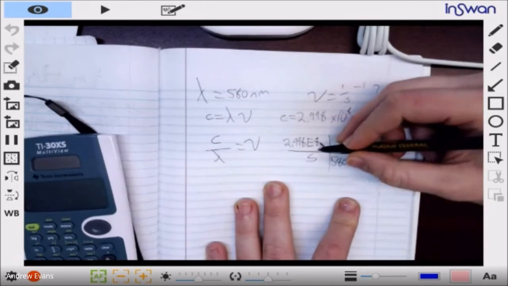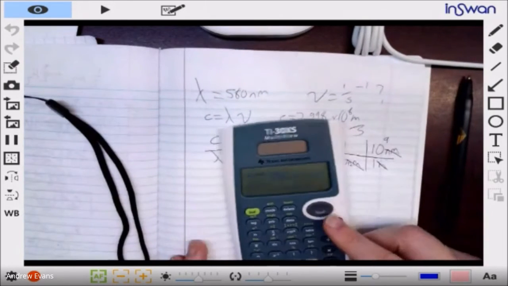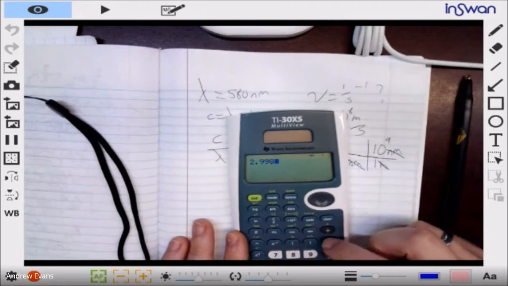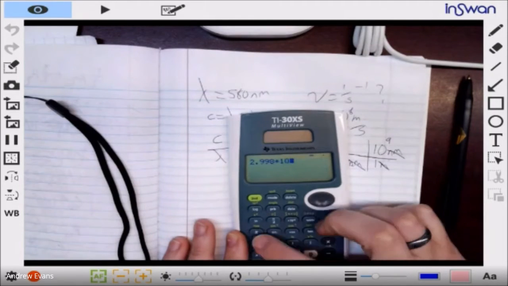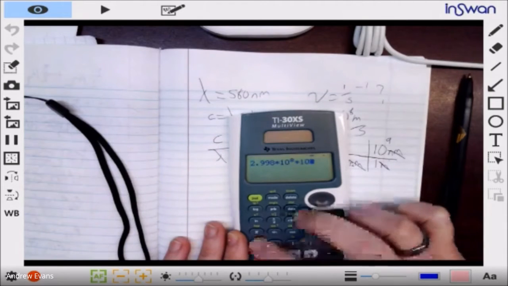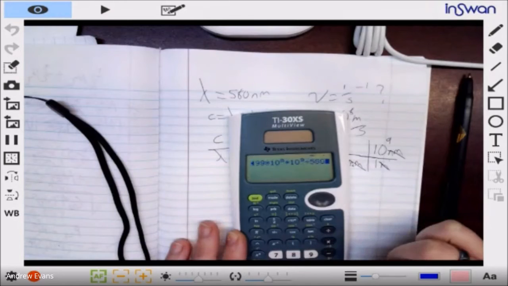Setting that up, I can then just simply punch that in. 2.998 times 10 to the 8th times 10 to the 9th divided by 580.